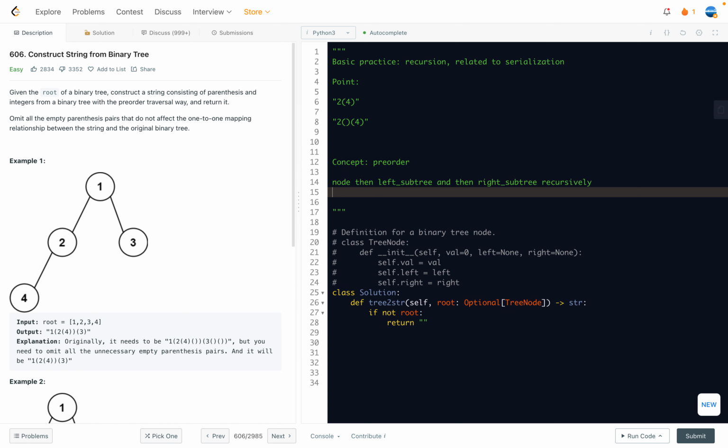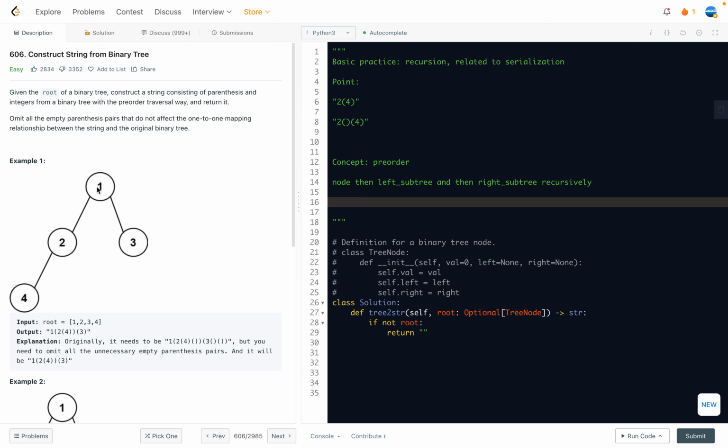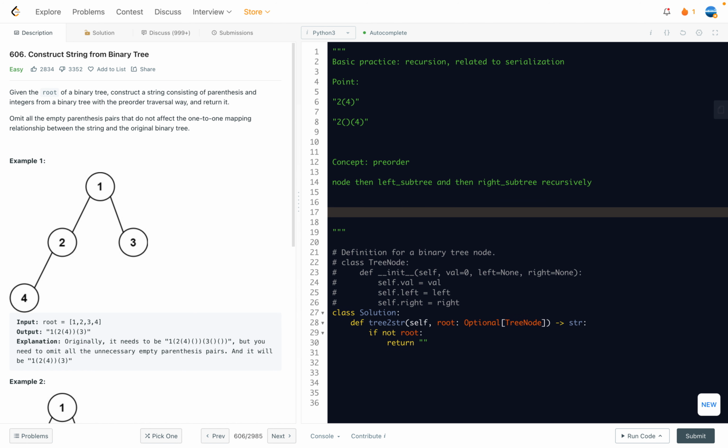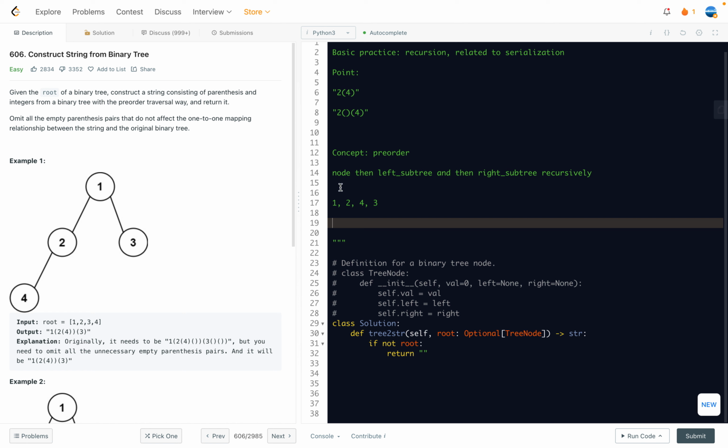If you think of pre-order traversal in example 1, you first visit the node 1, and then you look at the left subtree. For the left subtree, again, you visit the root first, and then you look at the left subtree, that is 4, and the right subtree, null. After you finish the left subtree, you look at the right subtree, that is 3. This is for example 1.